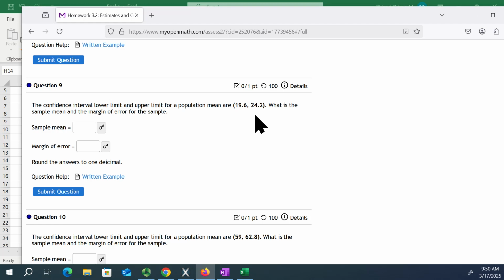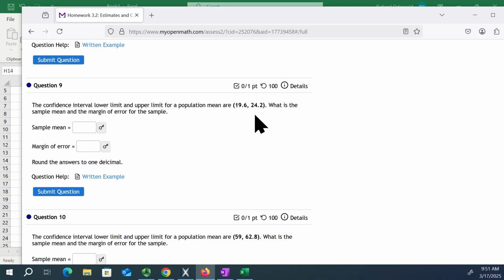I'm going up a certain amount and down a certain amount, and that certain amount is called the margin of error. So what is the margin of error here? How far up from 21.9 and how far down from 21.9? 21.9 minus 19.6 is 2.3.